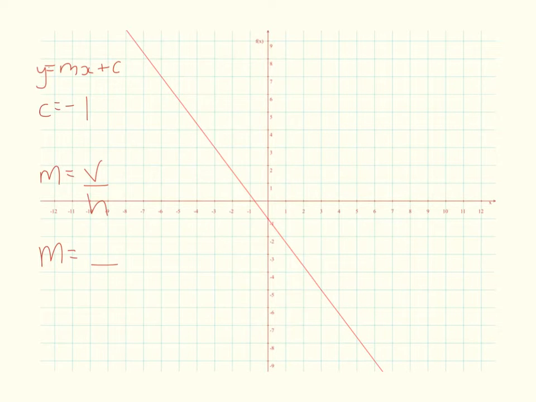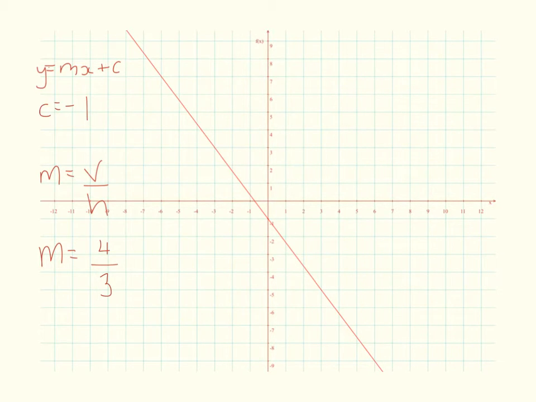Starting here and moving to here, vertically we're changing 1, 2, 3, 4. Let me check that again: 1, 2, 3, 4. So the vertical is 4 and the horizontal is 1, 2, 3.